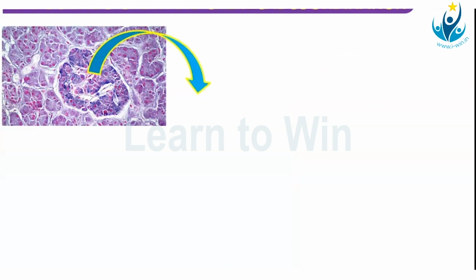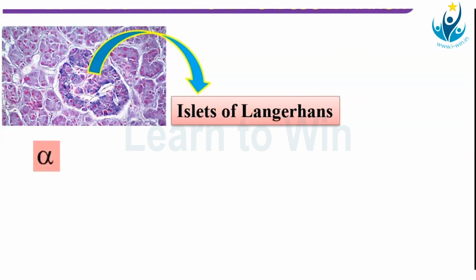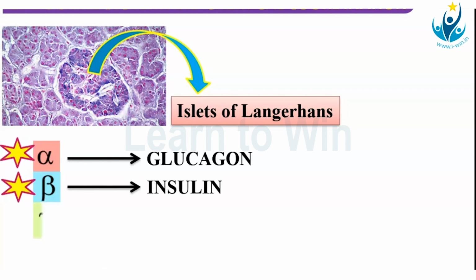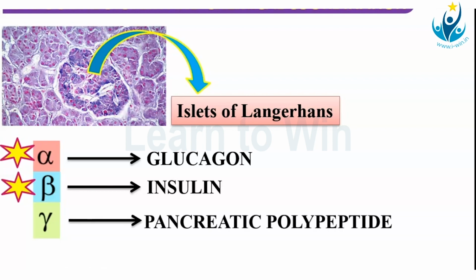Now, the islets of Langerhans contain four different types of cells within them. Alpha cells, which produce glucagon, beta cells which produce insulin, gamma cells which produce the pancreatic polypeptide, and the delta cells which produce somatostatin.